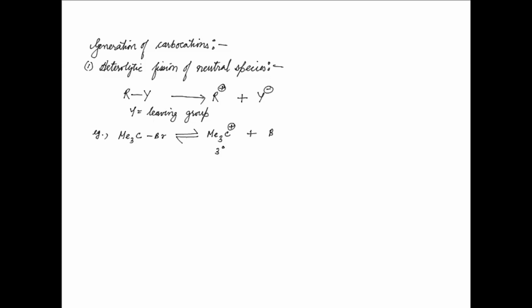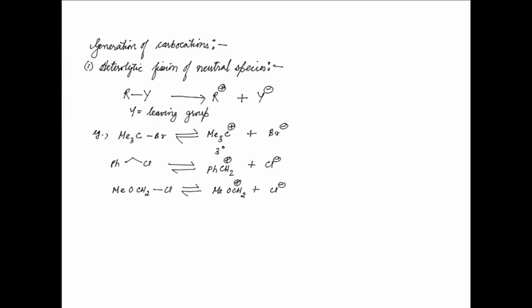and the bromide ion. Similarly, benzyl chloride can give the benzyl cation plus the chloride ion. Also, in this other case, it can form the corresponding carbocation plus the chloride ion.